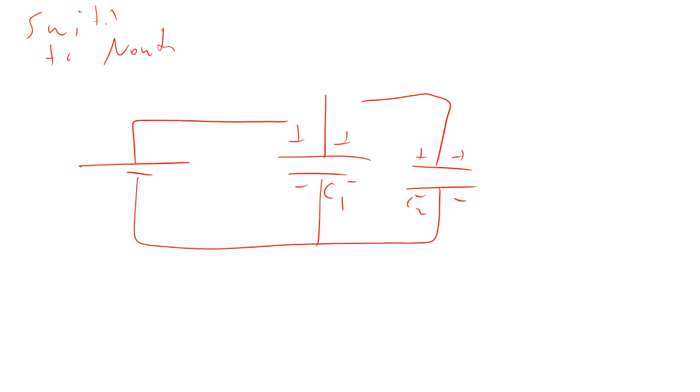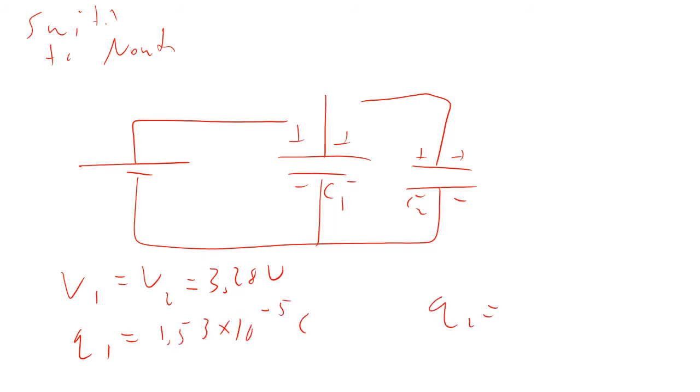So when you switch to neutral, V1 is still equal to V2, which is 3.28 volts. Q1 is still 1.53 times 10 to the minus 5th coulombs, and Q2 is still 2.08 times 10 to the minus 5th coulombs. There's nowhere for anything to go.